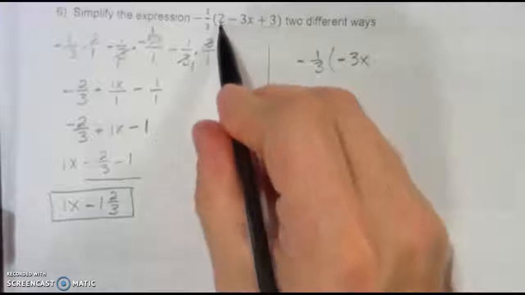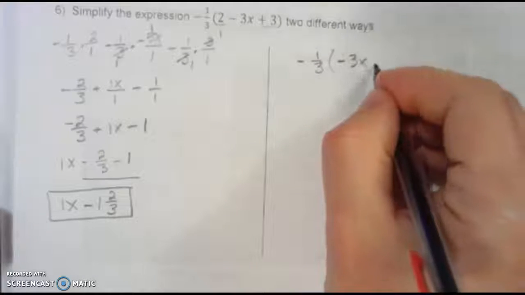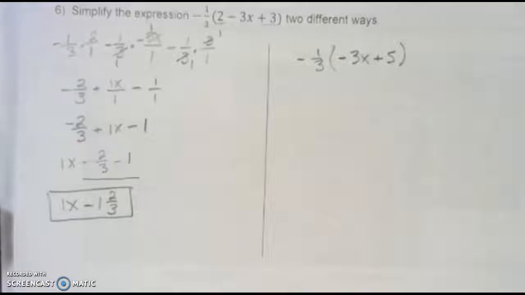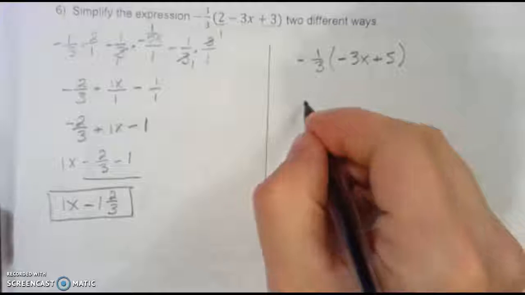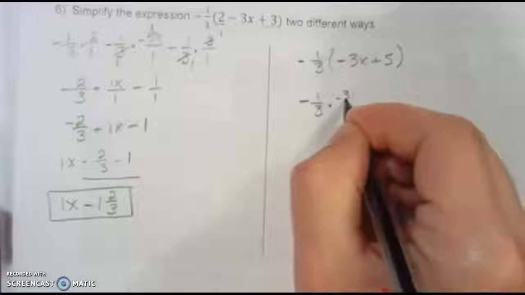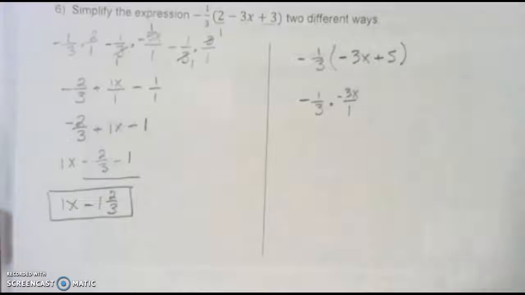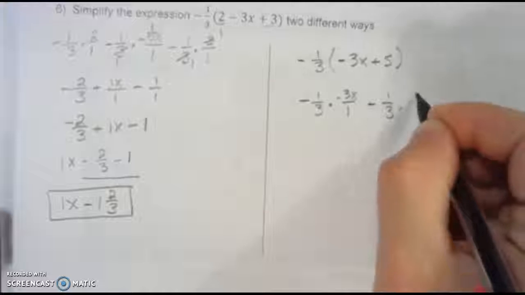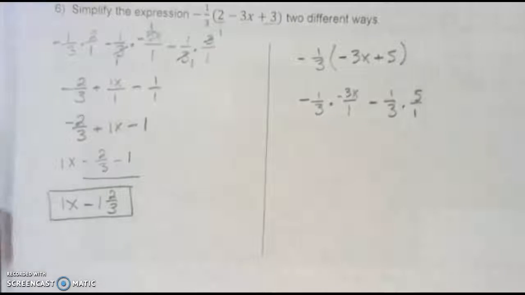And then my constant, 2 plus 3 is 5. So inside of the parentheses, I'm going to have negative 3x plus 5. And then I can use the distributive property. I can do negative 1/3 times negative 3x, which again, I'll make negative 3x over 1. And then I'm going to do minus 1/3 times 5, which again will be 5 over 1.